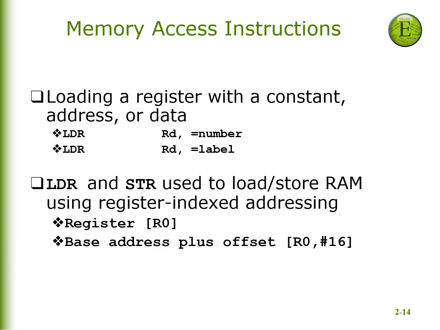So continuing with our discussion on the memory access instructions, we saw in the previous slide that the PC relative addressing mode had a syntax LDR register comma equals some variable. That variable is stored somewhere in the memory, that is the RAM, or it can also be a label of an instruction.